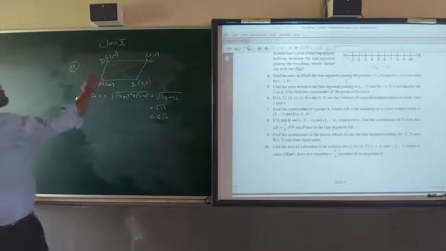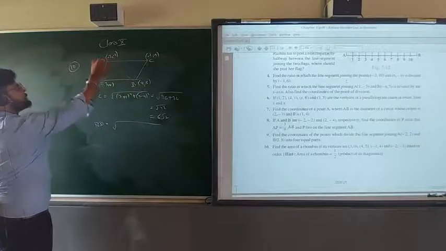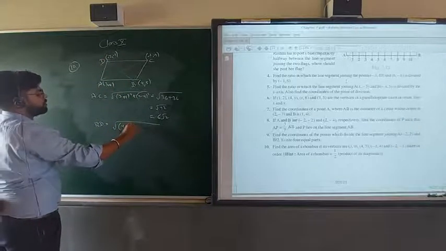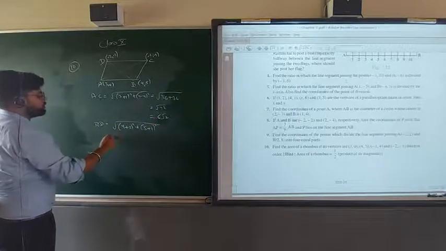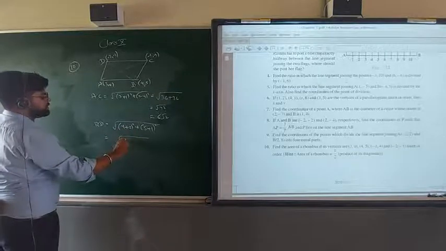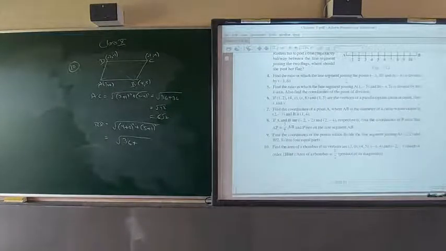Now BD, the same formula: x2 minus x1, 4 minus minus 2 will be plus, so 4 plus 2 squared, and 5 minus minus 1 will be plus, 5 plus 1 squared.